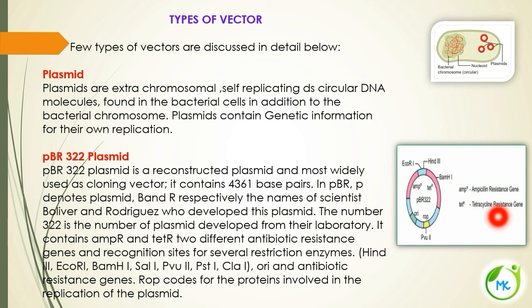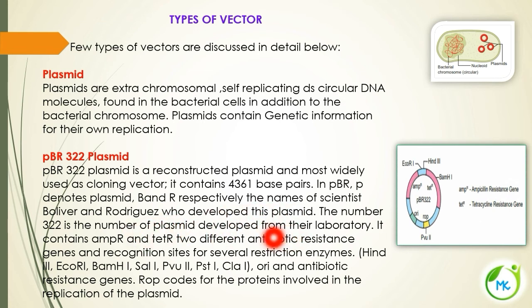In the next class we will be seeing how this is going to help, how the ampicillin resistance or tetracycline resistance gene is helpful for recognition of the transformed host cell. We will see in the next class.